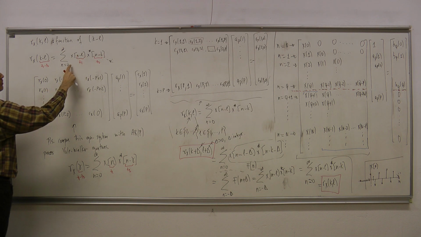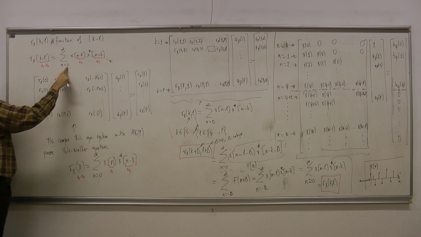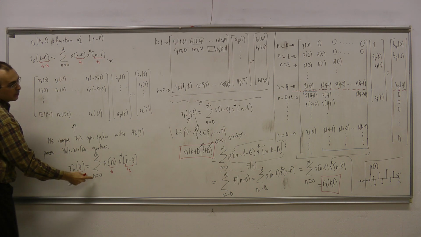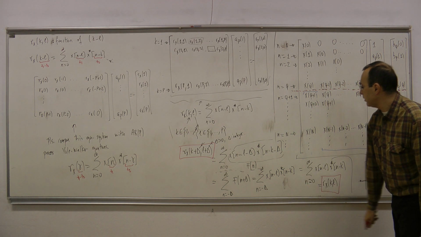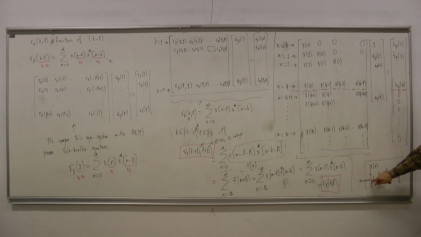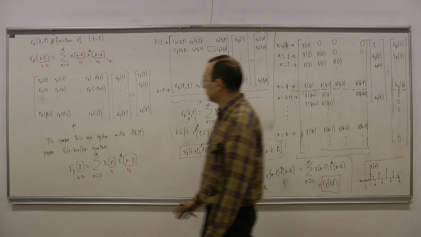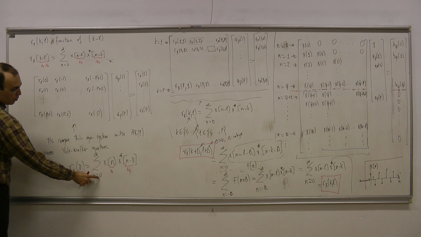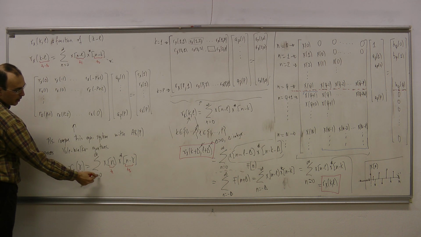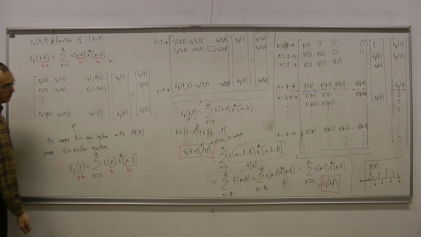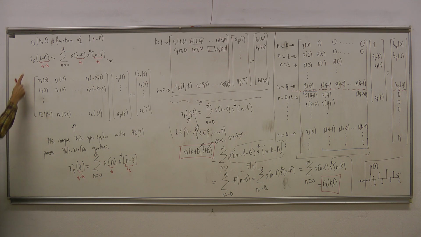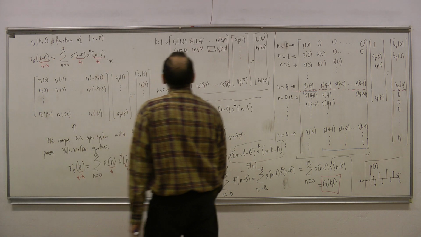Once you do that increment, then you need to decrement this summation index by L. But as in the earlier discussion, because x of n starts from 0, all of the previous entries with negative index are equal to 0. So even though this starts from minus L, I can start this summation from 0 because all the negative indices contribute 0 to this summation. So this definition and this definition are the same.